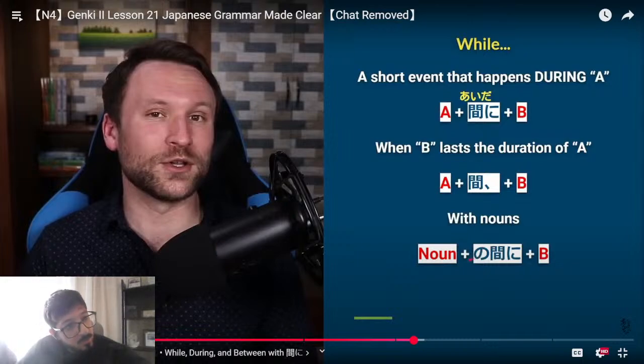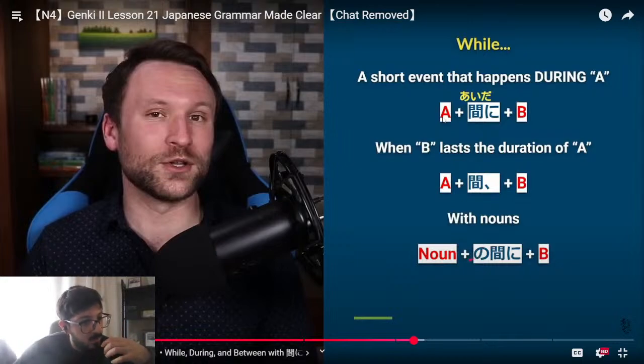You have to put the 僕は before the 間に and then the earthquake. Is this the mistake? Because a short event that happens during A. Yeah, because the earthquake is a short event. Earthquake is B, and I was below the table.